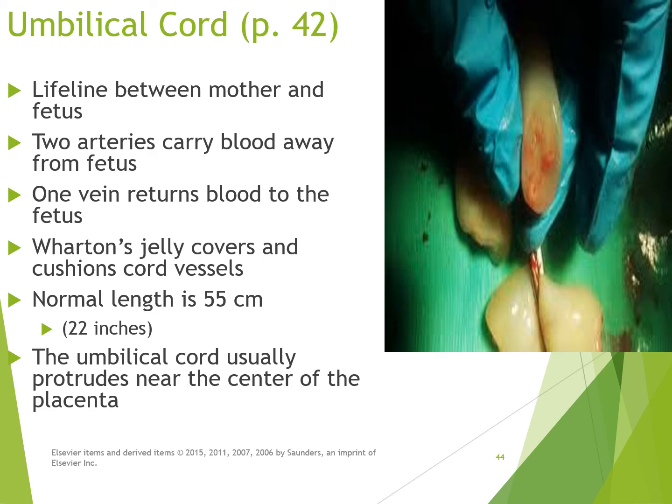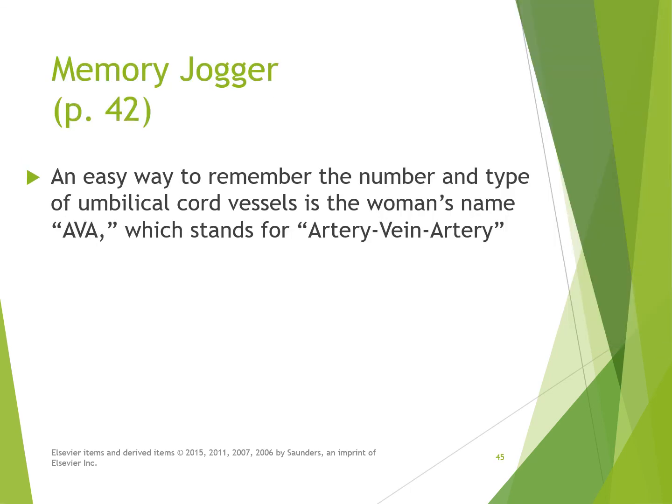We normally think of arteries as the huge ones. In this case, the vein is the big one, and the arteries are the small ones. A good, easy way to remember it is AVA. You know the name, Ava. So artery, vein, artery. Just a very easy way to remember how many of each is in there.